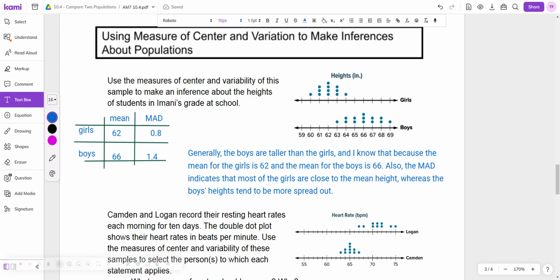You're more likely to find many girls with the same height, generally close to that average height, if not exactly that average height. Whereas the boys' heights have a bigger mean absolute deviation, not a lot but a little bit, so they're more spread out. There's going to be more diversity in height amongst the boys.